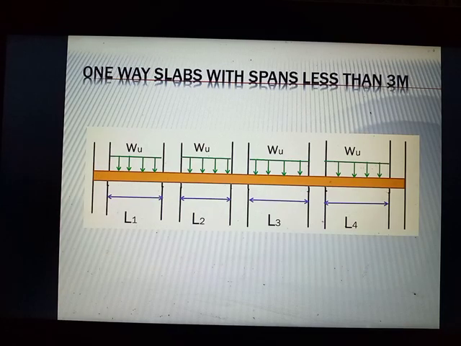So this is again another case. What if we are using one-way slabs with spans less than 3 meters? Or again, what if the sum of the stiffness of columns divided by the sum of the stiffness of beams at each face is greater than or equal to 8?